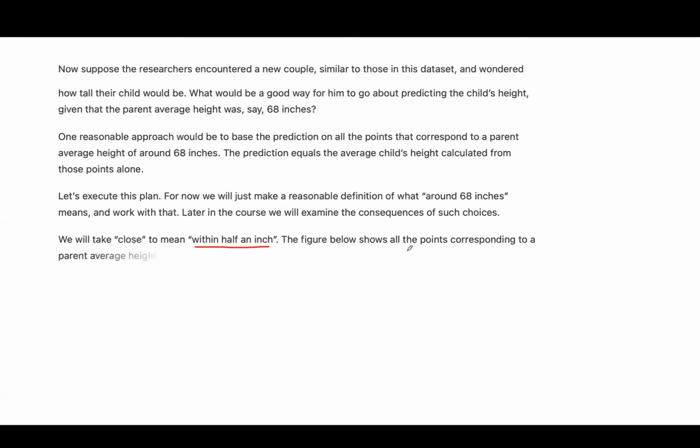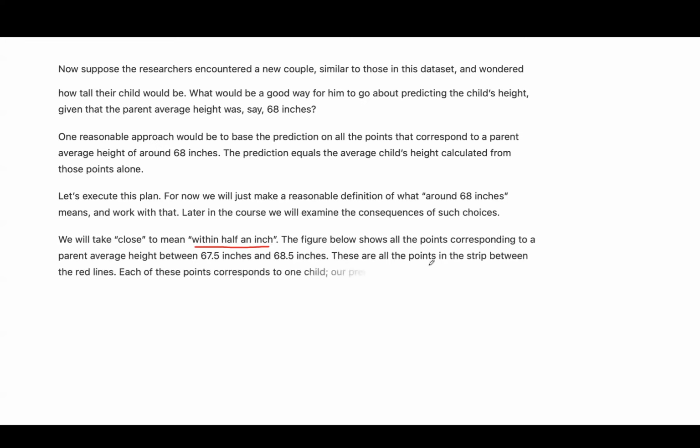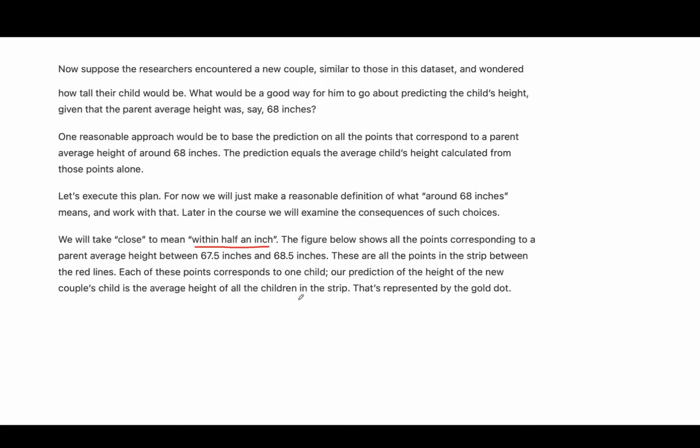The figure below shows all the points corresponding to a parent average height between 67.5 inches and 68.5 inches. These are basically all the points in the strip between the red lines. Each of these points corresponds to one child, and our prediction of the height of the new couple's child is the average height of all children in the strip. That's represented by a gold dot.